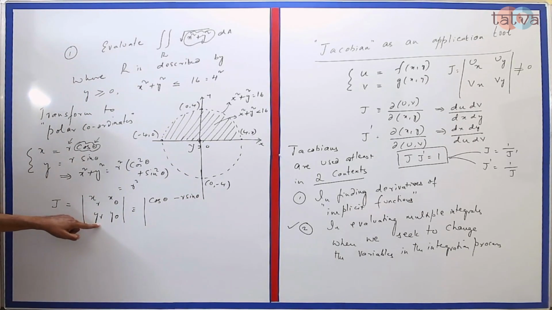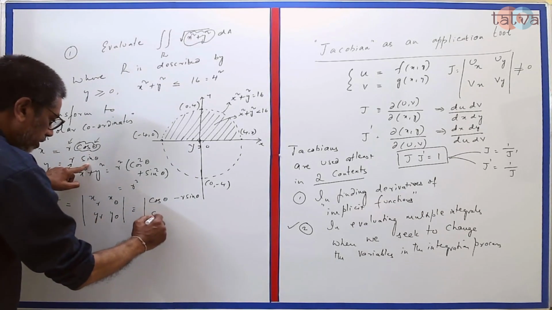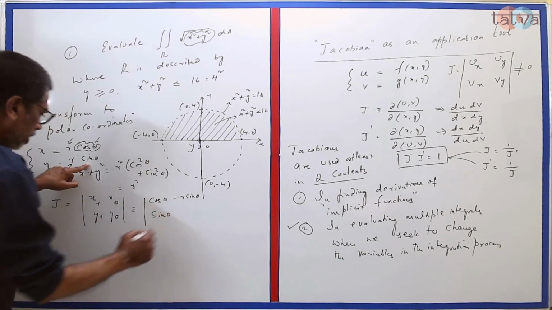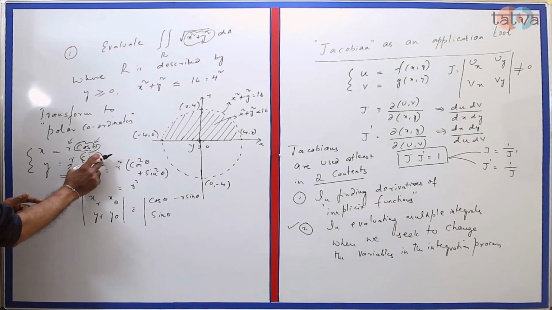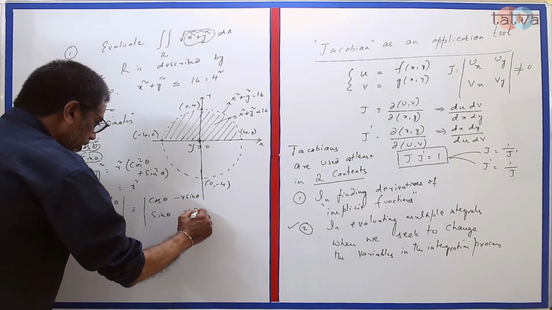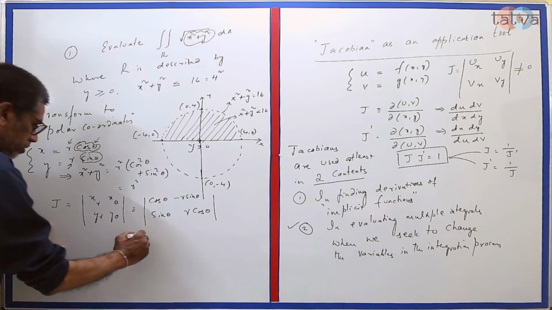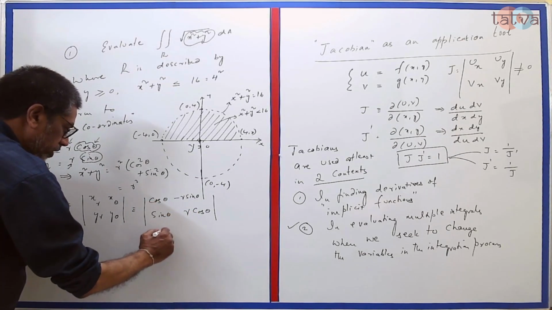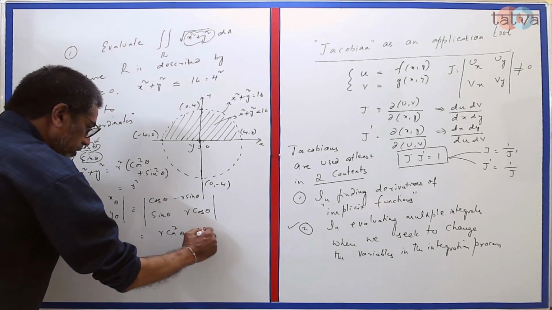Then we go to the next row. y_r would be 1 times sin theta, and y_theta would be to differentiate sin theta, which becomes cos theta. But don't forget you have to copy the r, you will get r cos theta. So this will give us r cos squared theta plus r sin squared theta.